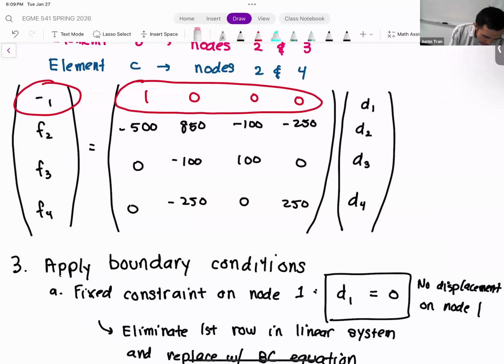And on the other side, in order to satisfy that equation, we're going to set F1 equal to 0. That first row basically represents the equation for our boundary condition, because if you perform the multiplication of this row by this column, you end up with 0.